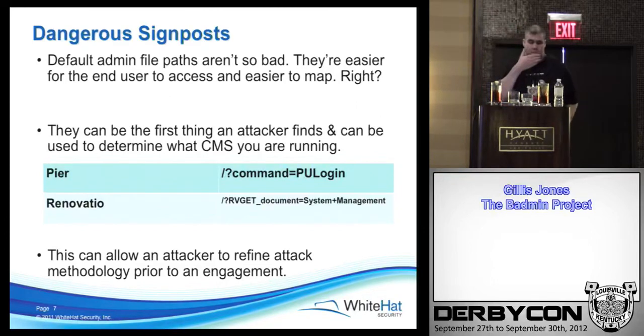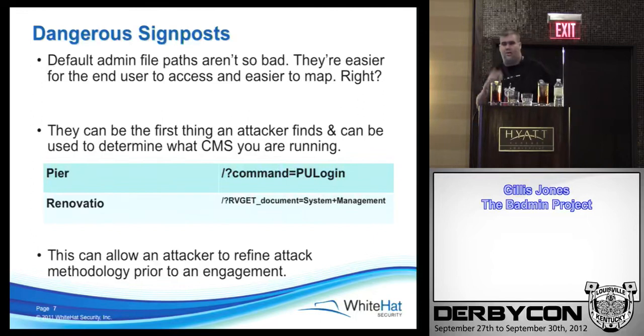For example, with PEAR, it uses a command parameter on the end of the URL. So if you see PU login, either A, you're logging into a waste management site, or you're logging into PEAR.